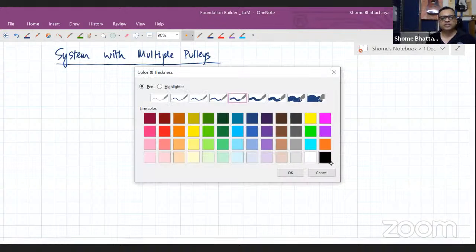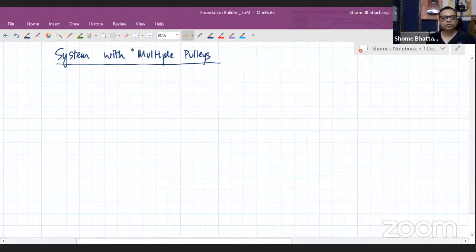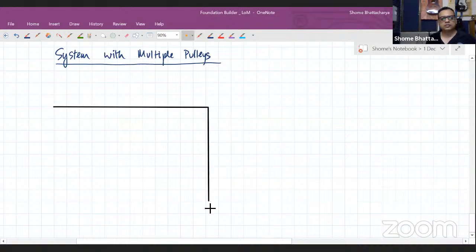So we'll start with an example where we have a system of two pulleys, but gradually we will move on to more complex examples. We have one pulley which is clamped over here. I have another pulley somewhere here.